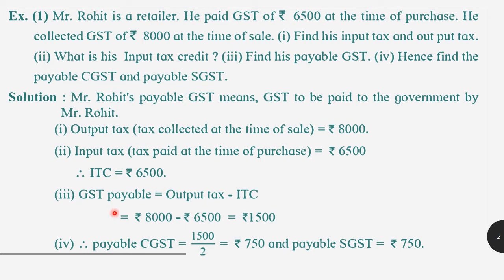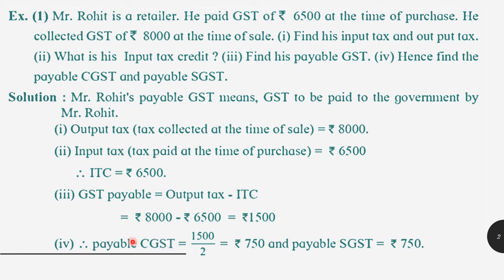At the third step, GST payable is equal to output tax minus input tax credit, or ITC. So 8,000 minus 6,500 will be 1,500. This is the amount he has to pay to the government. And finally, the fourth part of the question is payable CGST. Whatever GST is, half of it will be CGST and half of it will be state GST.